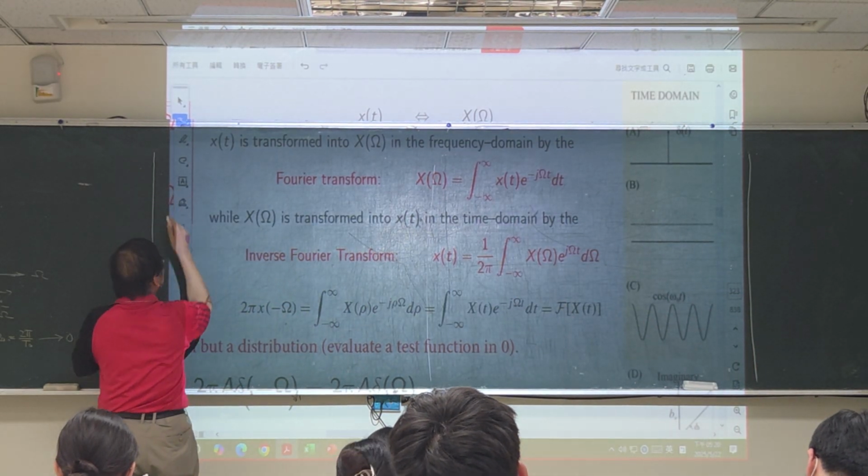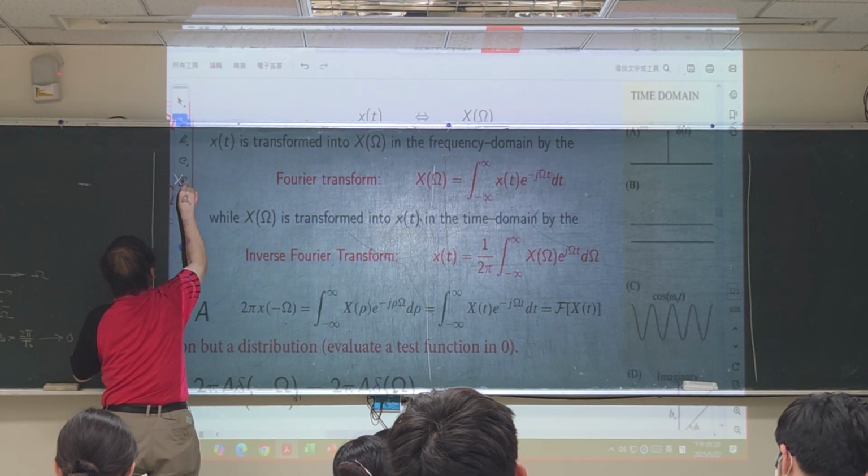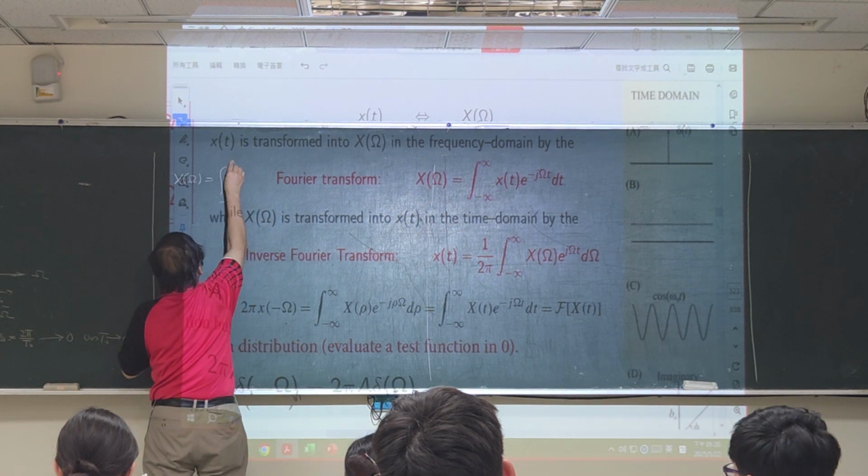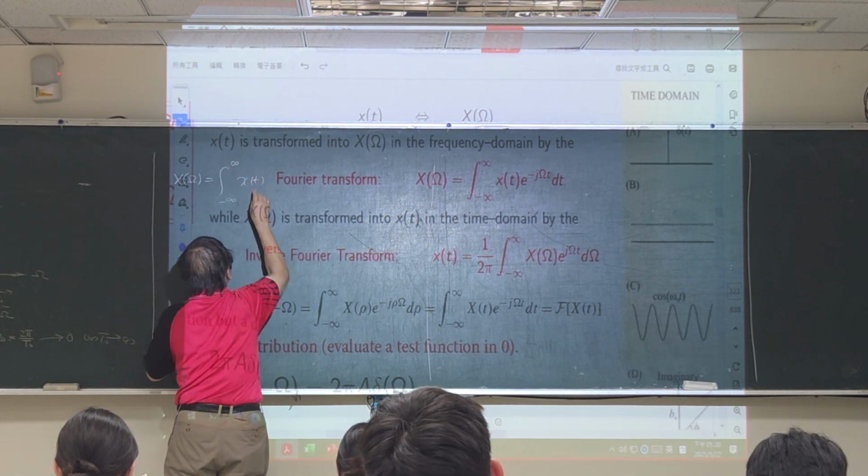Here for the moment. So the frequency component is a projection.